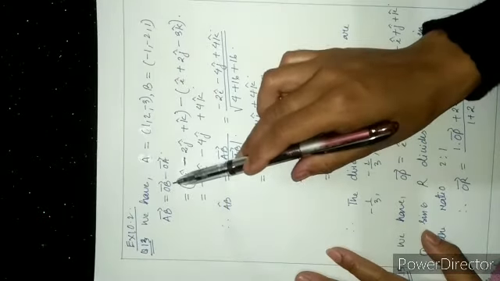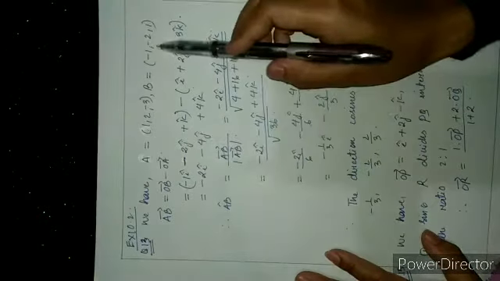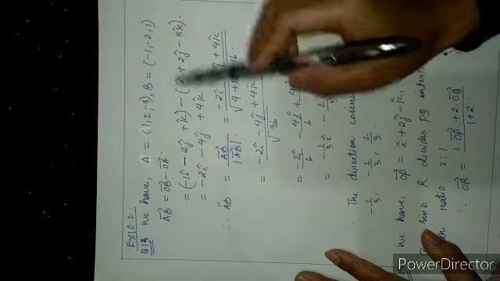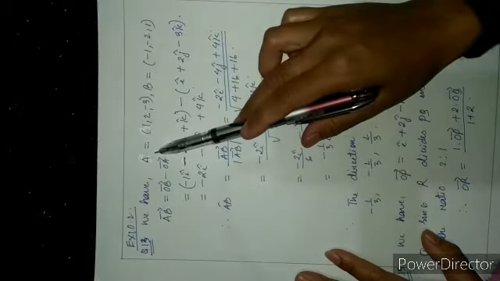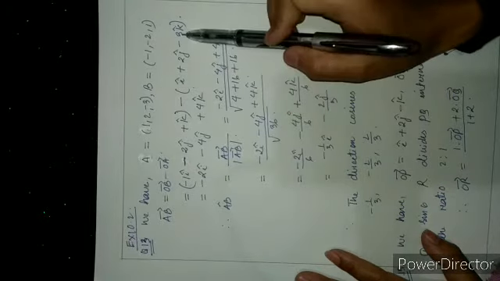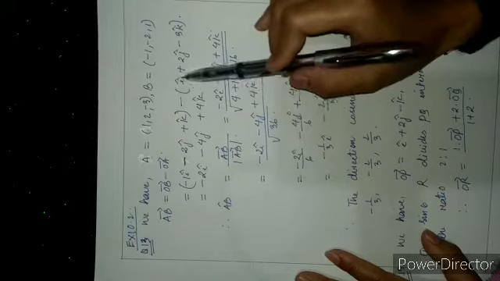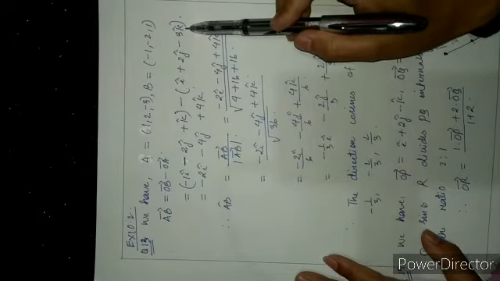Then write the components form of OB vector. Minus 1 multiplied by I cap, minus 2 multiplied by J cap and 1 multiplied by K cap. Component form of OA vector is I cap plus 2J cap plus minus 3K cap. X, Y, Z components X dana I na, Y dana J na, Z dana K na multiply togani ko.